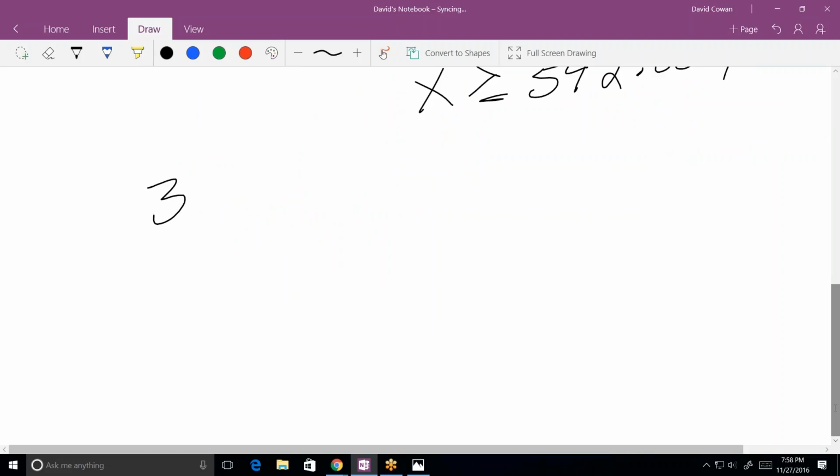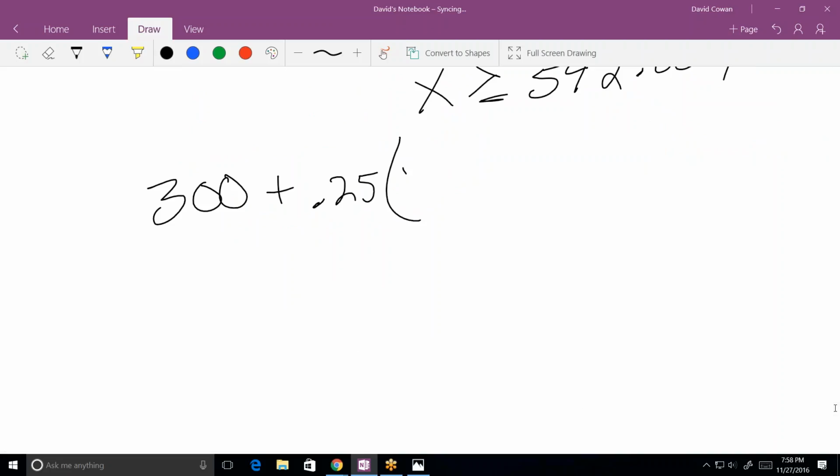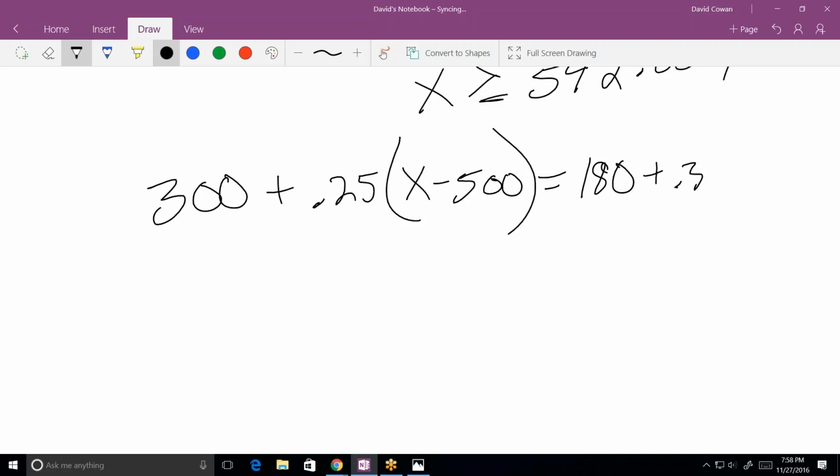We have 300 plus 0.25 times X minus 500. Where is that going to be equal to 180 plus 0.35 times X minus 200?